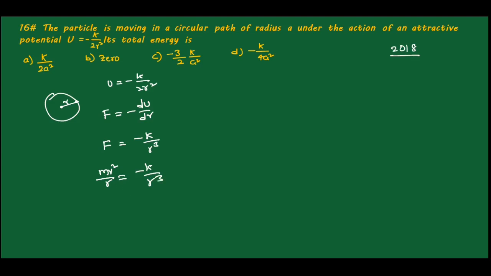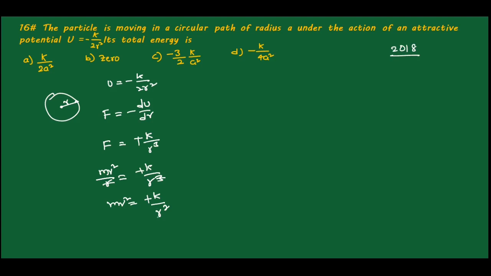So what you will get here, r gets cancelled, and mv square is equal to k by r square.